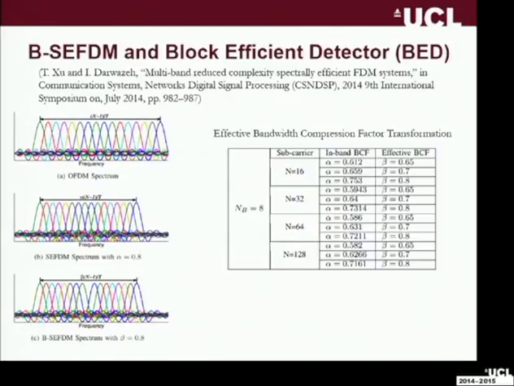The actual true complexity is probably only for 8 carriers. So even if you've got 128 carriers, the actual complexity is still only for 8 carriers because of that null subcarrier in between. You've created a band, which means you've really minimized the interference between the other blocks. And here is the effective bandwidth compression.